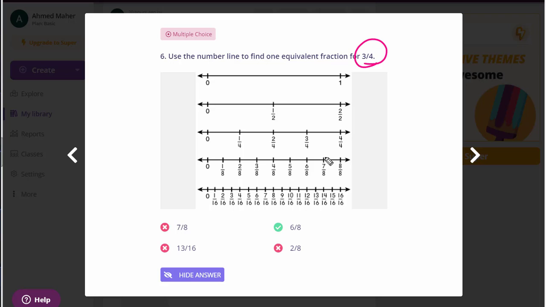Because if we get the 3/4, the 3 plus the 3 equals 6, and 4 plus 4 equals 8. Okay, that's a good idea. But here for this picture, we see that both of them have the same place. They name the same point. Okay, thank you, my hero. Great work. Okay, my heroes, we have one more question.